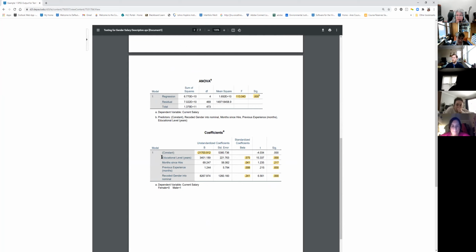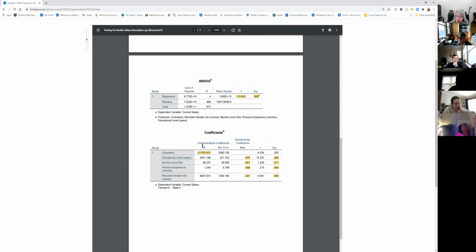All right, let's start with our first one. X1 is educational level. Is there a statistically significant relationship between educational level and current salary? Yes or no? Yes. Right. Now, when we report the significance of this particular variable, we have to report, and you should only report, the standardized coefficient beta.